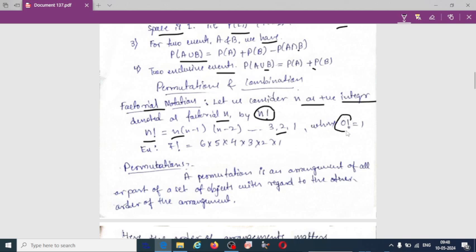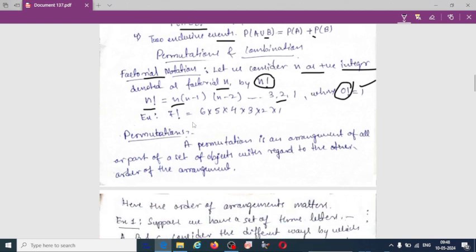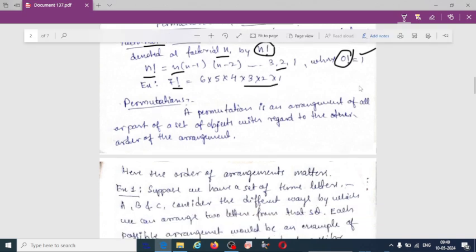The value of 0 factorial is always equal to 1. Let us take the example 7 factorial. How can we write it? Here you should multiply with 7 also: 7 into 6 into 5 into 4 into 3 into 2 into 1. Like that we should write it.